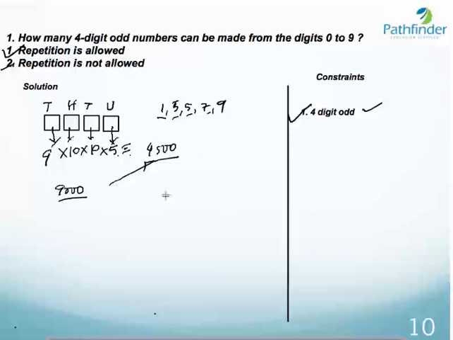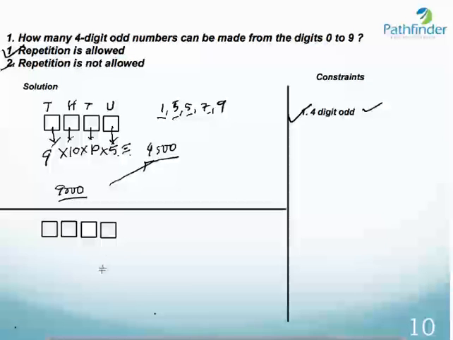Now let us solve the same question for the case that repetition of digits is not allowed. Let us go ahead. So there you have these 4 blocks representing the 4 places of the number, and once again we are looking for an odd number, and therefore the units place can be filled in 5 ways: 1, 3, 5, 7, 9.